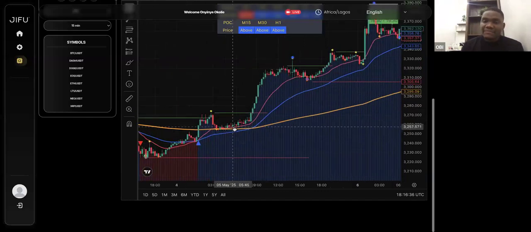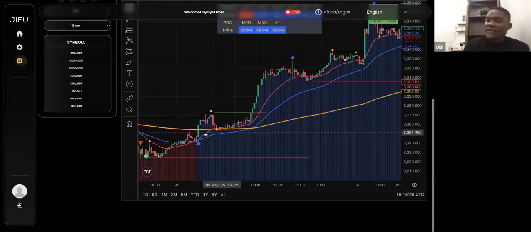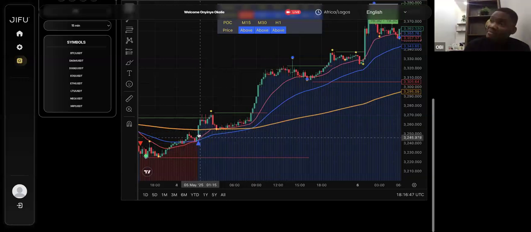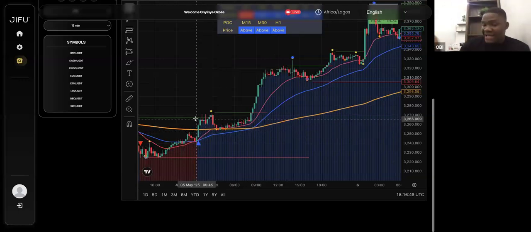You can see that this market has been buying. Also, I'm repeating, two things: the further away the market is from the red line, the more it will push up for buys.